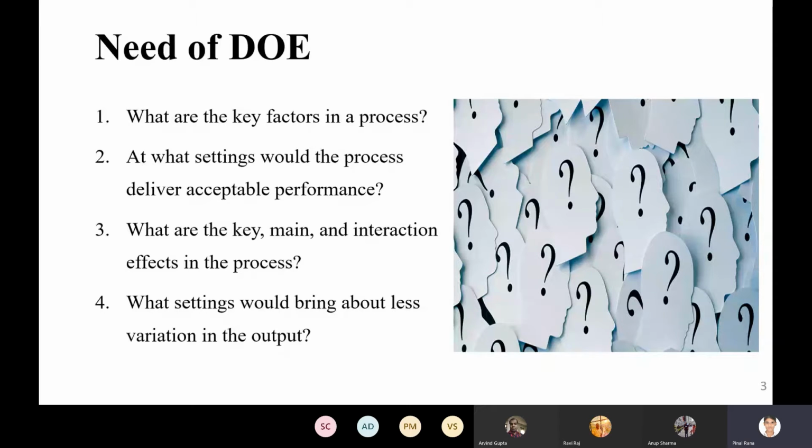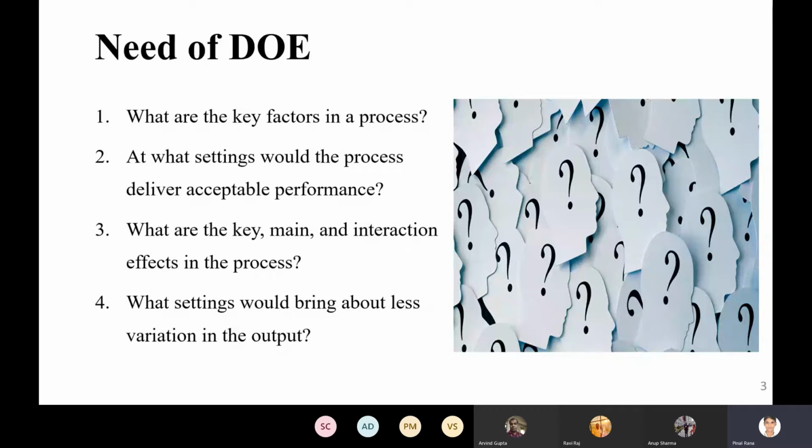Suppose a laser machining process depends on a number of parameters such as fluence, pulse width, pulse duration, frequency, power, etc. Out of these parameters, only a few parameters majorly affect the temperature variation. Second is, what settings would the process deliver acceptable performance?